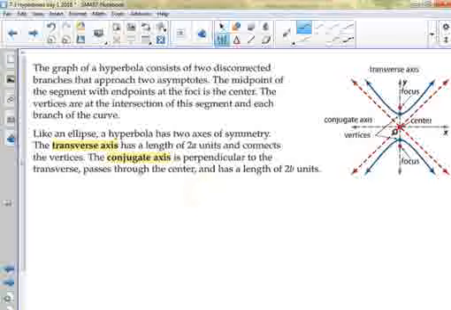Okay? So if we were drawing an ellipse in here, we'd have these two axes. The thing is, a transverse axis is going to actually go through the two hyperbolas, and the conjugate axis is going to go in between the two branches.